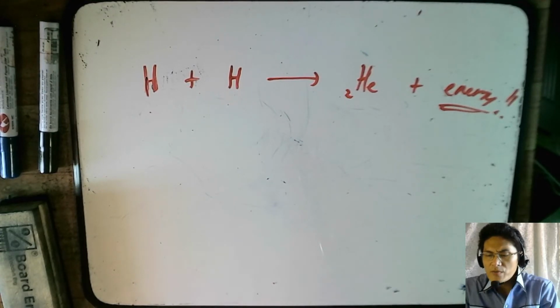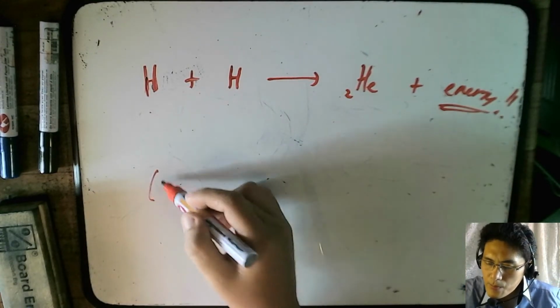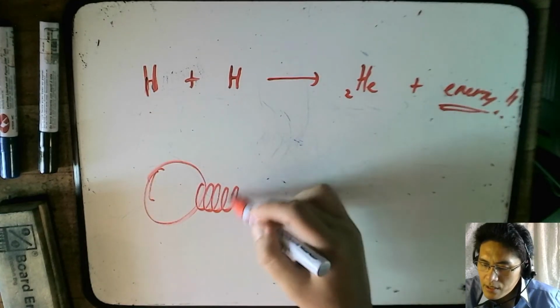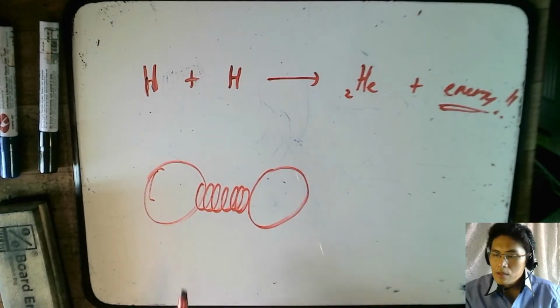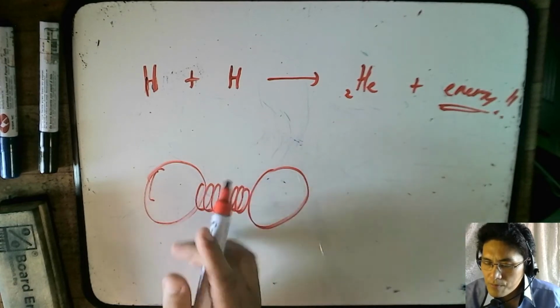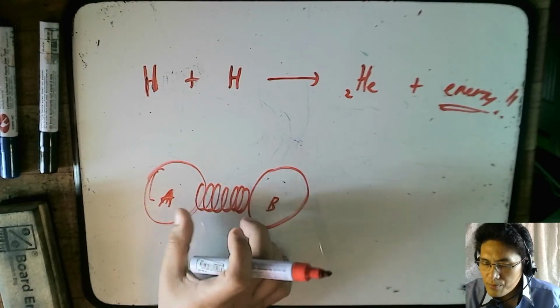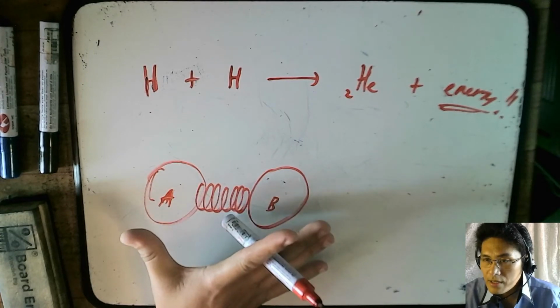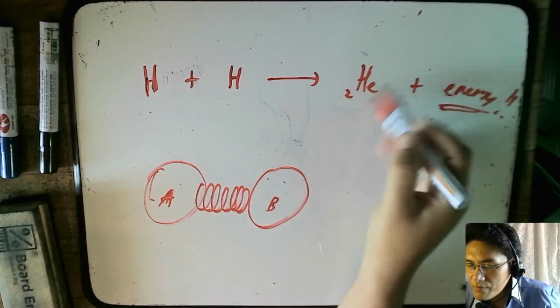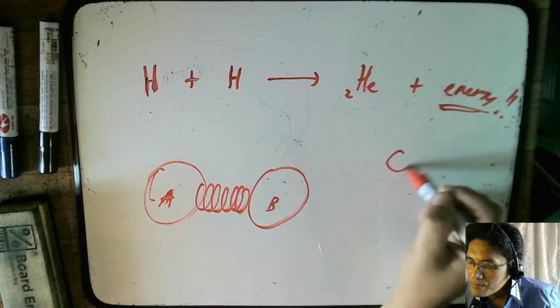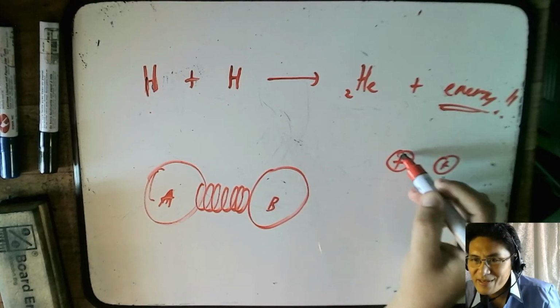Okay? Think of it as like a ball. There's a spring. Obviously, that spring would try to push A and B away. Right? And remember, for example, if you have helium, helium is made up of 2 protons. And you see positive and positive.